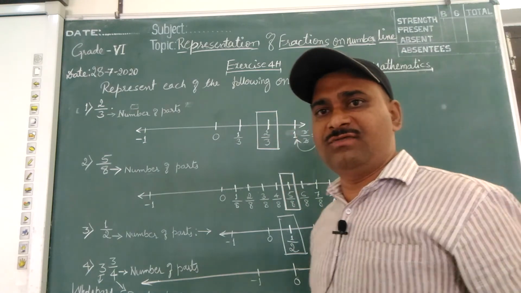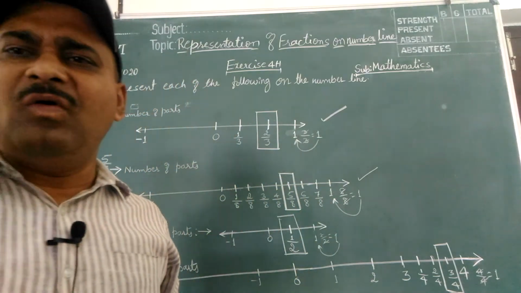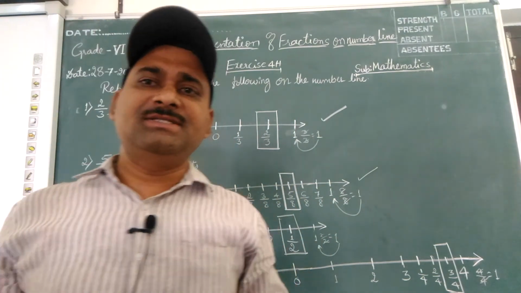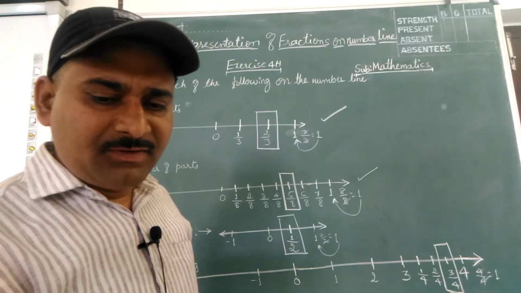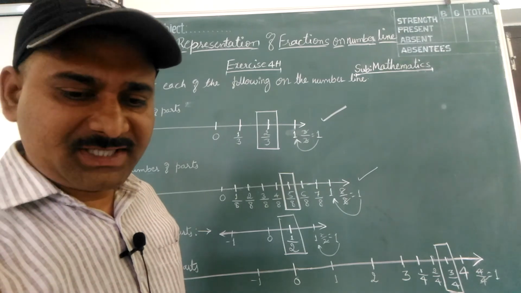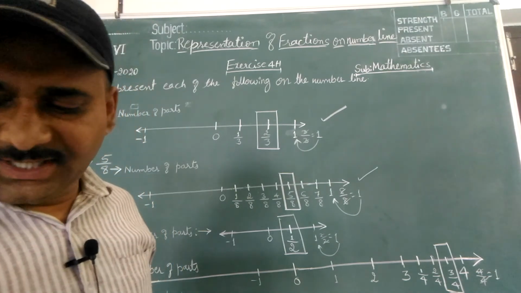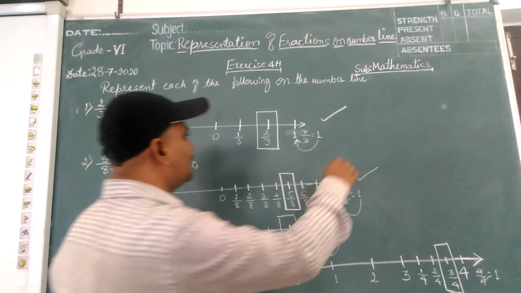See, children, I have shown 4 examples. And your homework is what? Just only the 5th one, you do it. That's all. The 5th one is also a mixed fraction, that is 1 and 4 by 7. This is your homework.